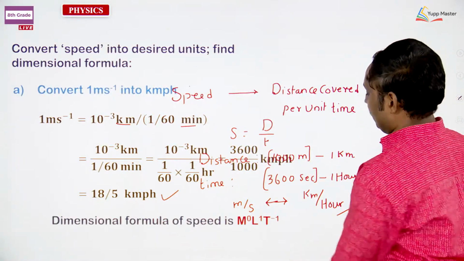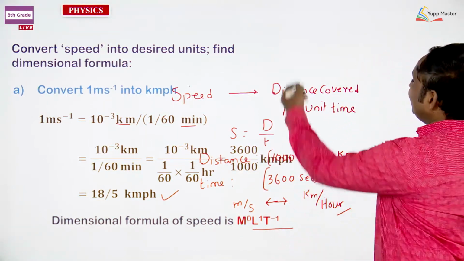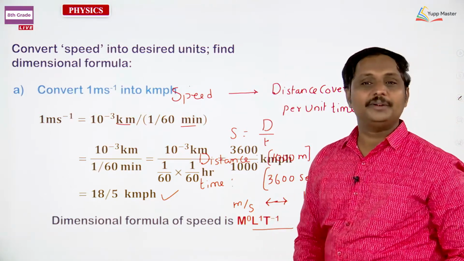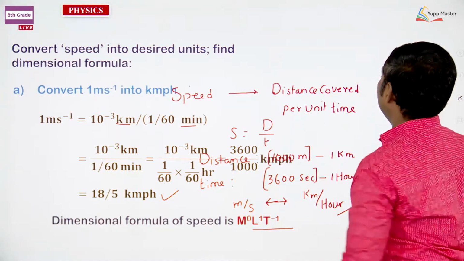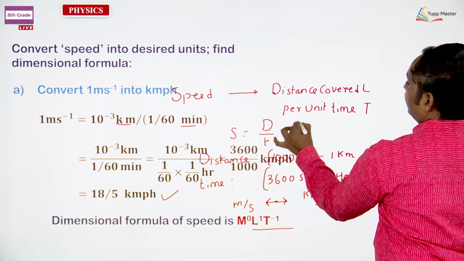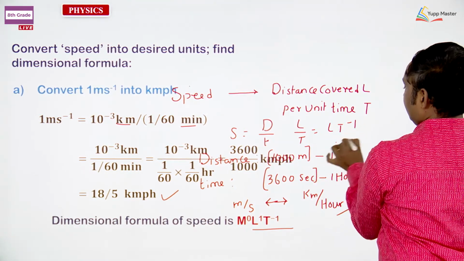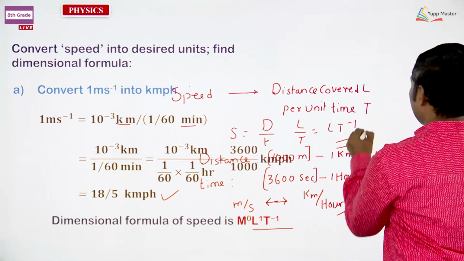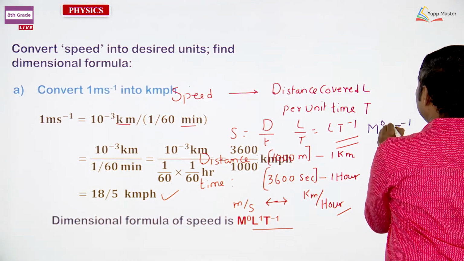Its dimensional formula is L by T, with M power 0, because there is no involvement of mass. If you take distance covered as L and time as T, simply it is L by T, that is LT minus 1. So you can write M power 0 L T power minus 1.